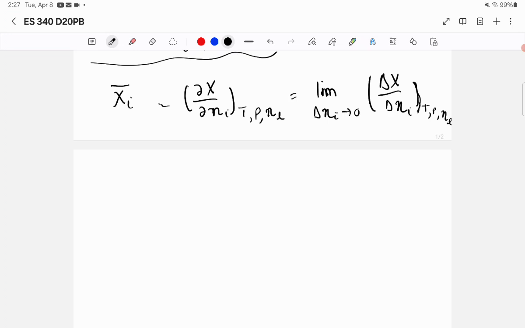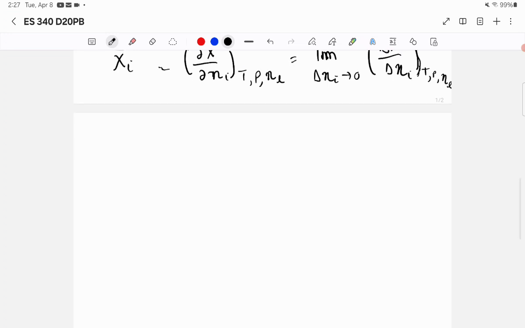So basically, if I want to find differences, so imagine I want to find the change in volume of a mixture. And I can look at each of the components. And I can just do something like this.